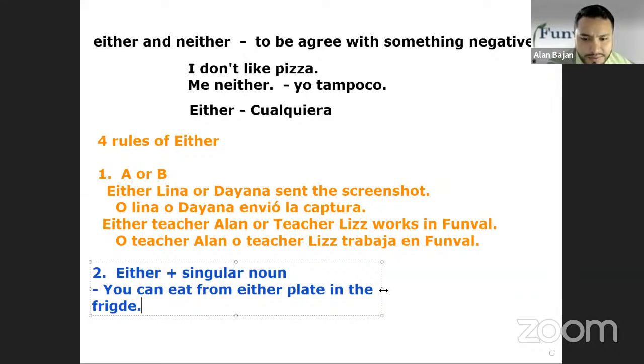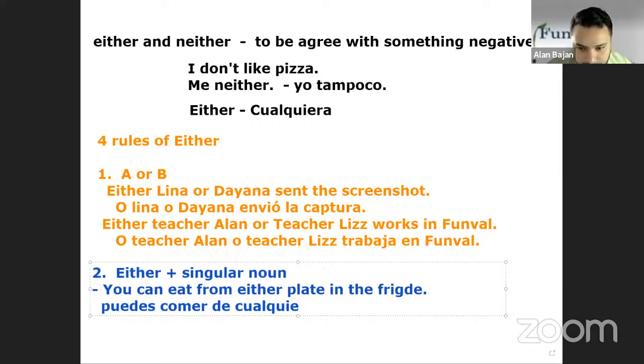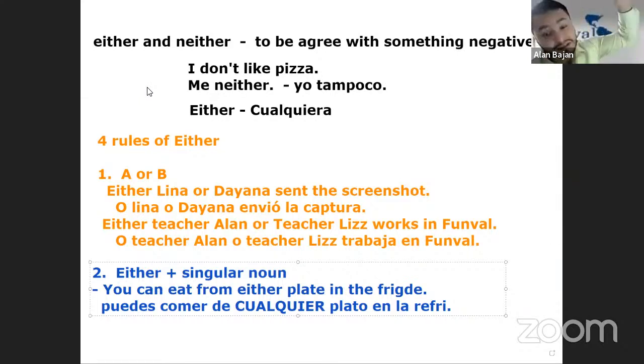You can eat from either plate on the fridge. So either opens the possibility of many choices, right? You can eat from the plate in the freezer, or maybe eat the plate with the color blue, or the plate in front of the fridge. Yeah, either plate.